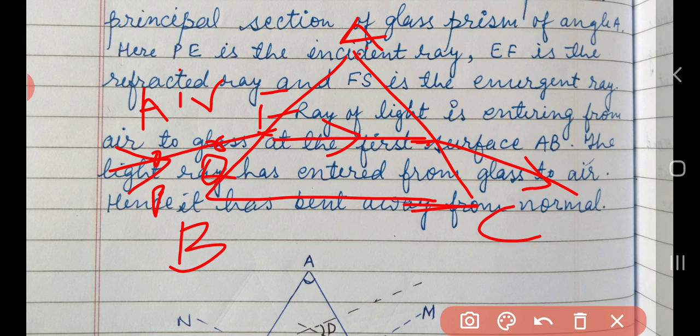Because the light from air, which has more velocity, enters into glass, which has a higher refractive index, its speed will be lower, that is why it bends towards the normal.